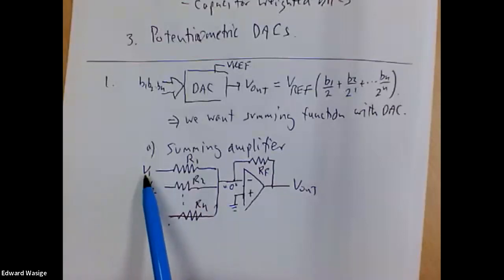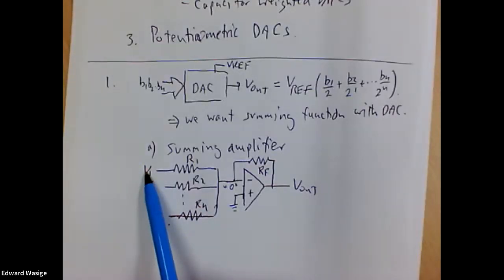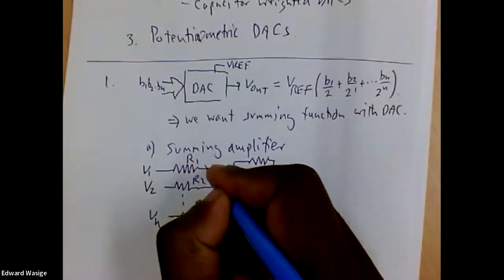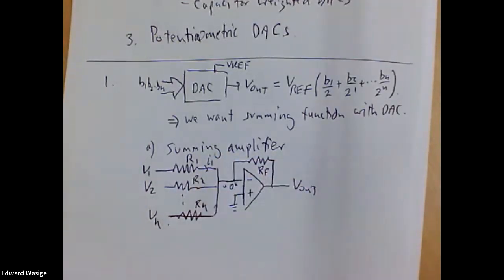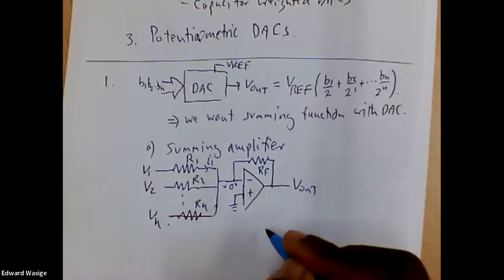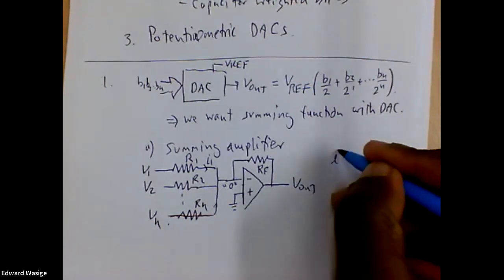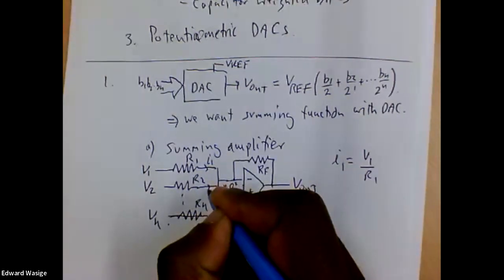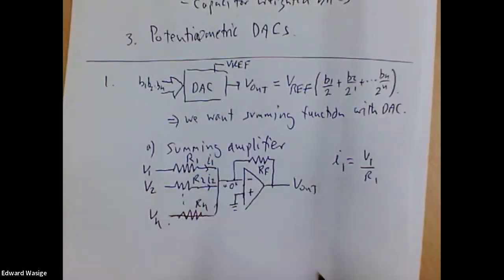And because of that, if you have a voltage V1 connected to this resistor, the potential there is 0. So you'll have a current I1 flowing in that branch, where I1 is equal to V1 over R1. And the second branch, you'll have a current I2. The current is actually independent because the potential there is set by the op-amp.